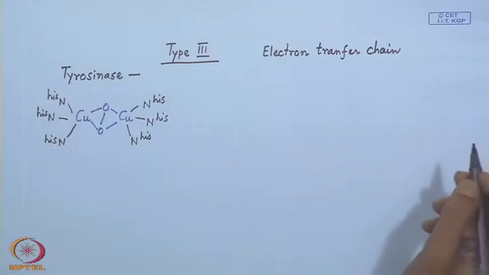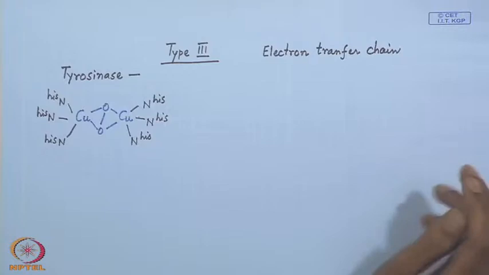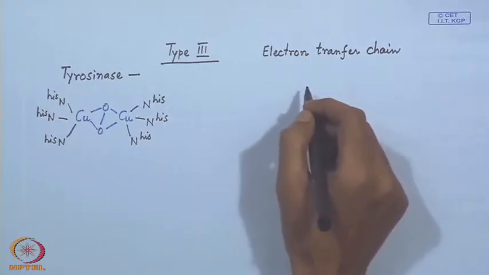This we all know from the case of hemocyanin also, but what is the basic difference if we talk in terms of its tyrosinase activity?